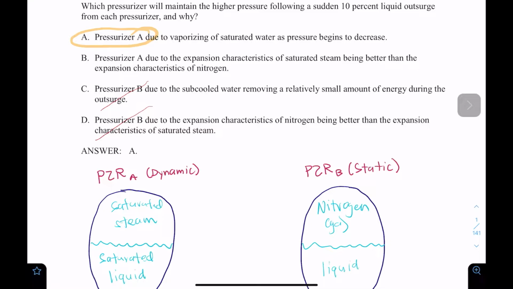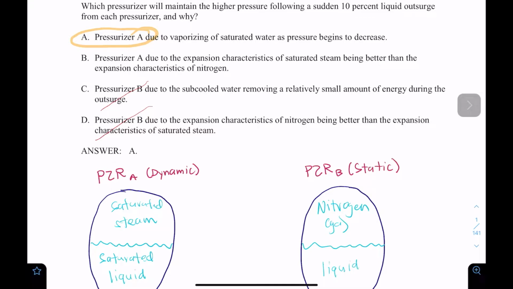But then let's take a look at the other one. It says pressurizer A, due to the expansion characteristics of saturated steam being better than the expansion characteristics of hydrogen. One of the things that we need to consider is that when we have a dynamic system and we're going to have this pressure change, we're going to have a flashing from water to steam.